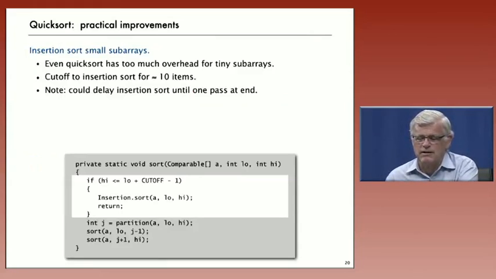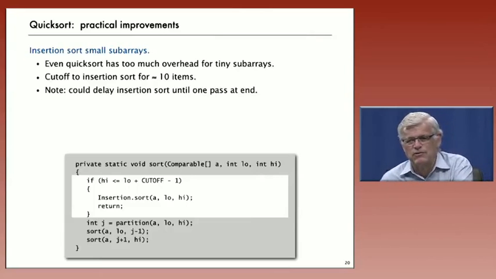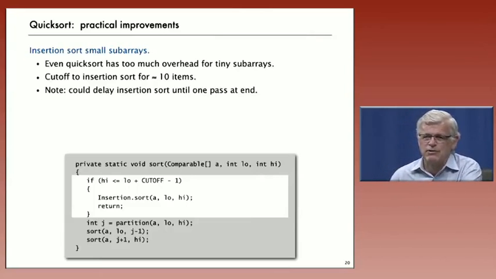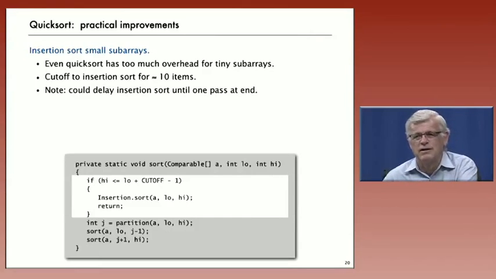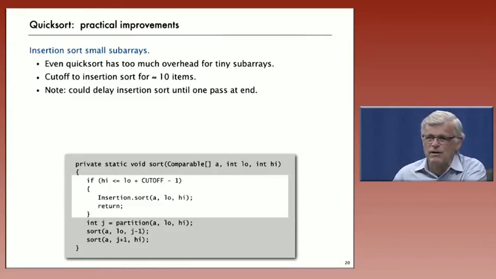So what about in practice? This is our fastest sorting algorithm, and there are a few ways to make it even faster. We looked at some similar things with merge sort, and it's definitely worthwhile implementing for quicksort. First thing is small subarrays. Even quicksort has more overhead than you want for a tiny array like one of size 2, 3, or 4.